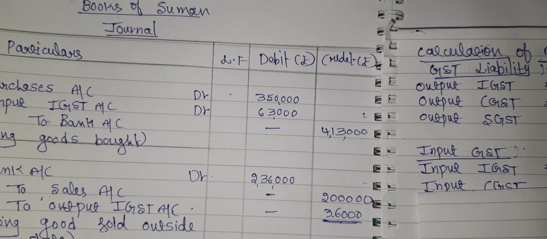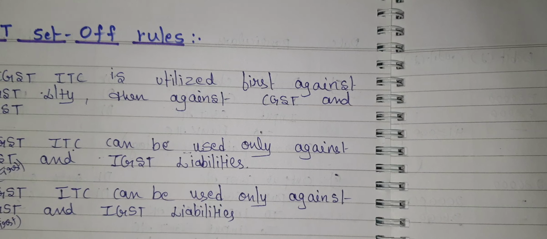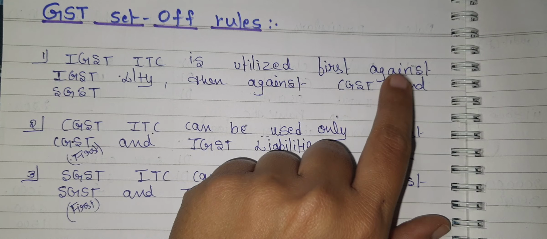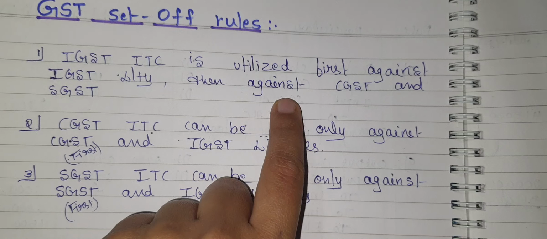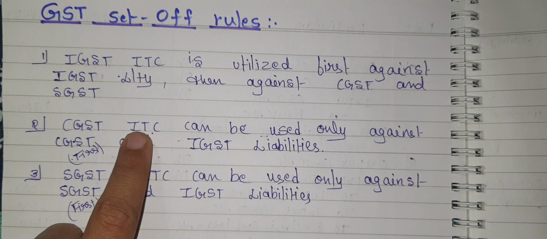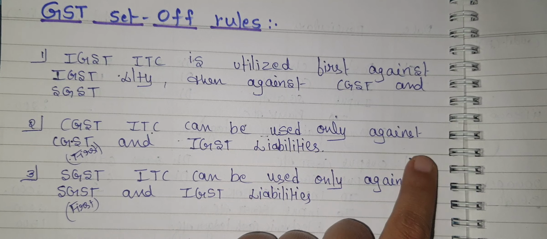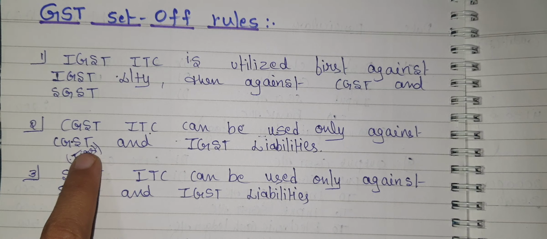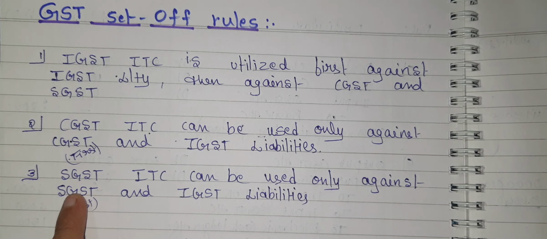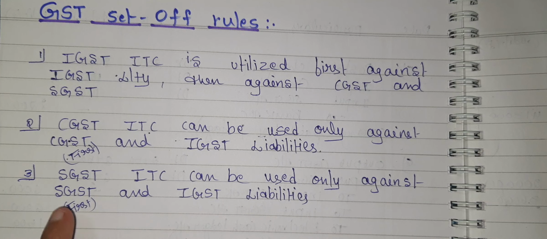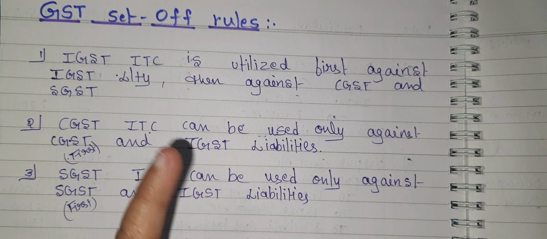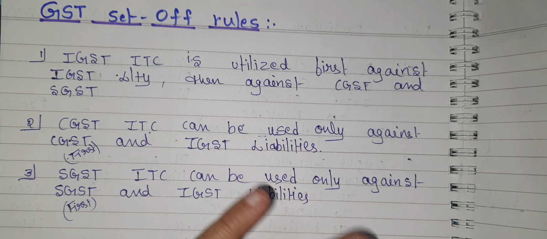See, once I will explain the set-off rules. IGST input tax credit is utilized first against IGST liability and then against CGST and SGST. CGST input tax credit can be used only against CGST, first against CGST and IGST, and not SGST. And SGST input tax credit can be used only against SGST and IGST, not CGST. This is the rule of GST set-off.